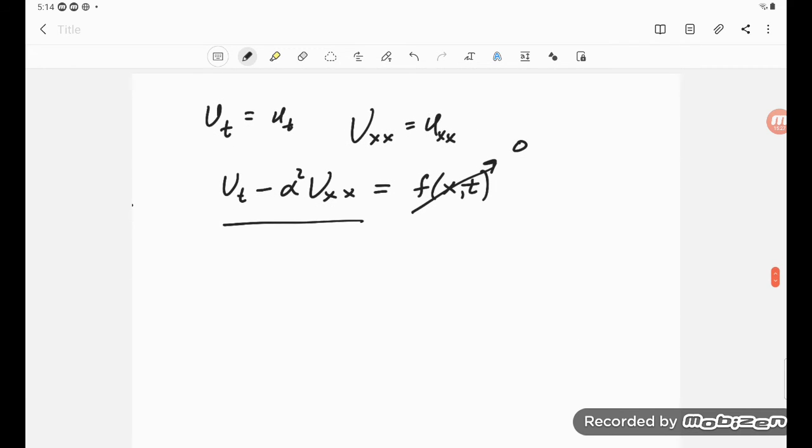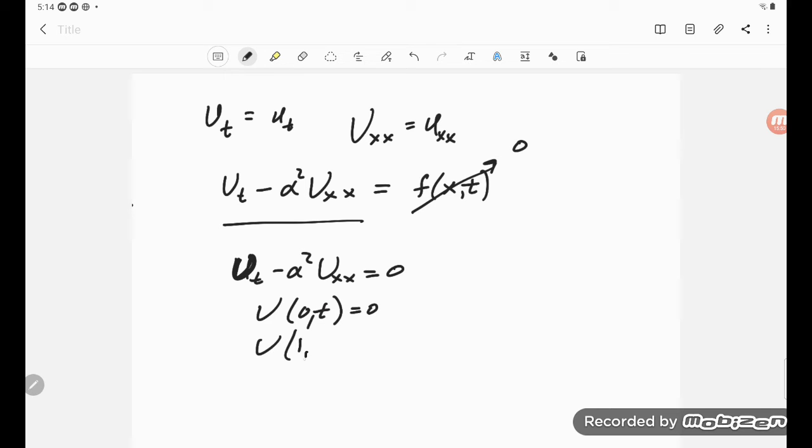And the only difference then is we would have U sub t minus alpha squared U sub xx equals 0. We have, in this case, Dirichlet boundary conditions. We've got U of 0 and t equals 0, U of 1 and t equals 0.